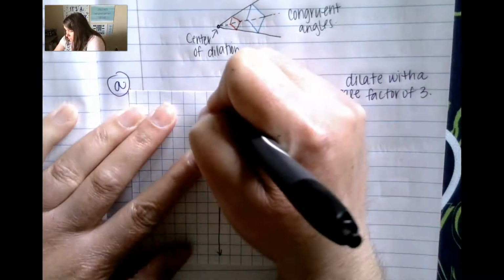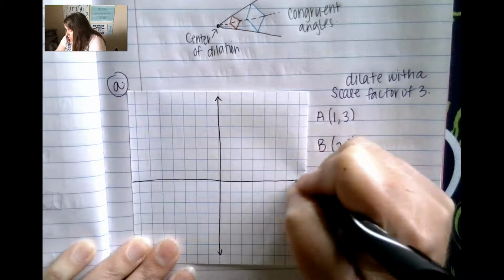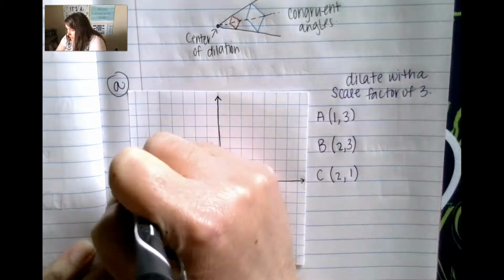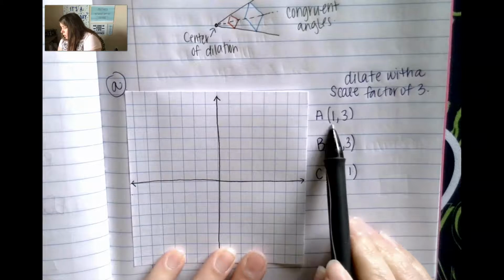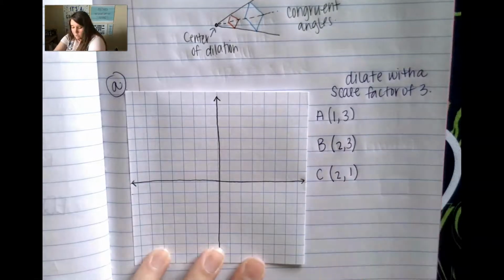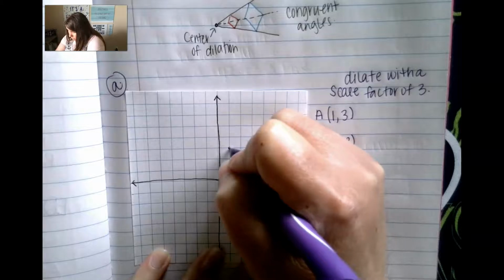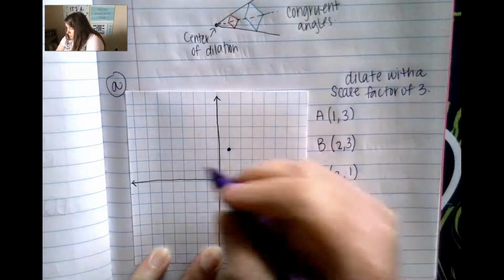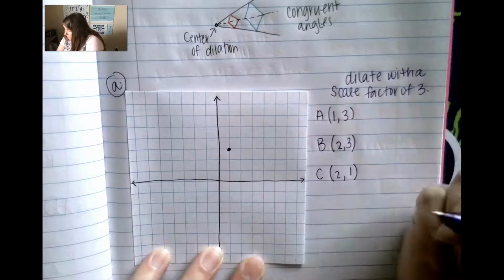So let's go ahead and first graph our image that we have, and then we will go from there. So the first one that we're looking at is (1, 3). So we're going to go over here to 1 and then 1, 2, 3. And then (2, 3), so over to 2 and then 1, 2, no.